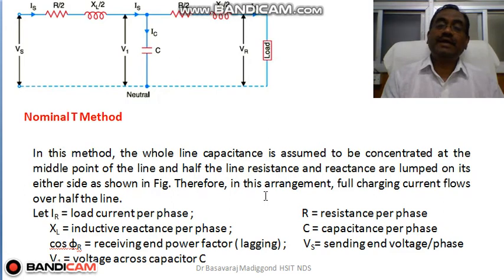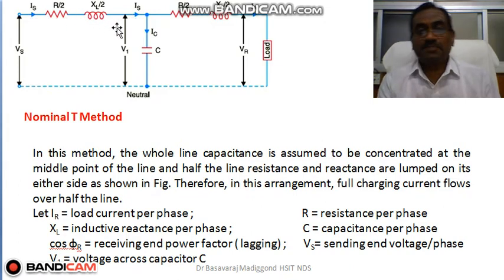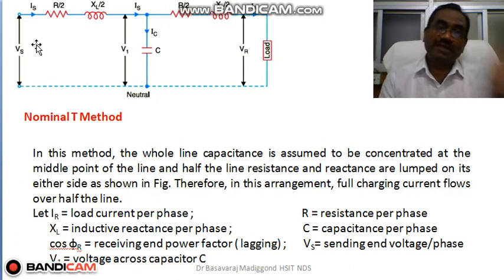Therefore, in this arrangement, full charging current flows over half the line. Full charging current flows only through this half of the line, not here. There is no charging current in this part of the transmission line. It is only towards the sending end of the transmission line.